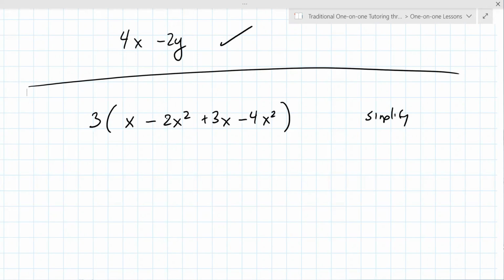I got negative 144. Okay, so I feel like you did the exact same thing as in the previous problem. You tried to combine these things inside here.